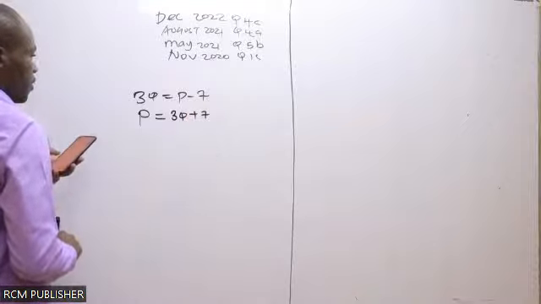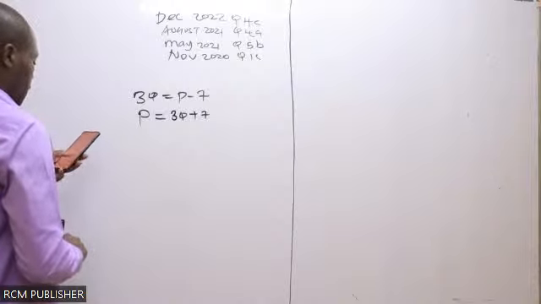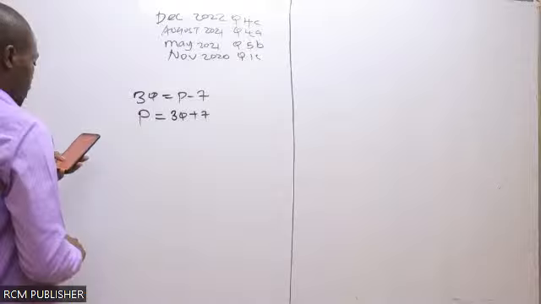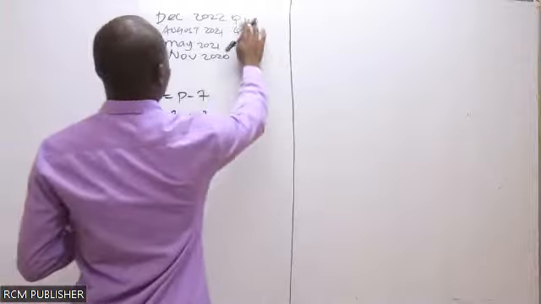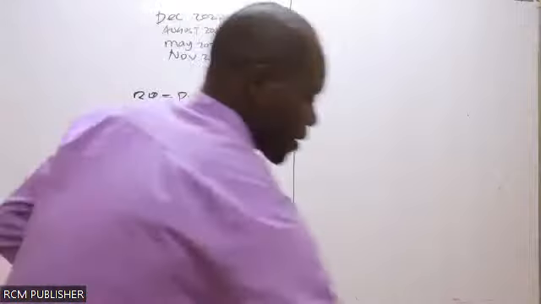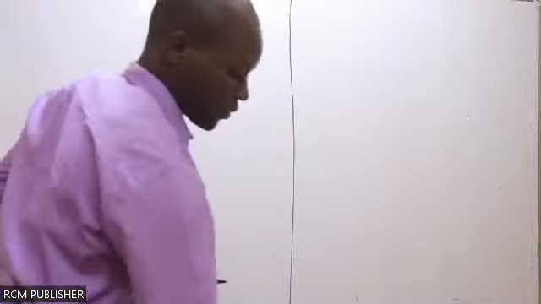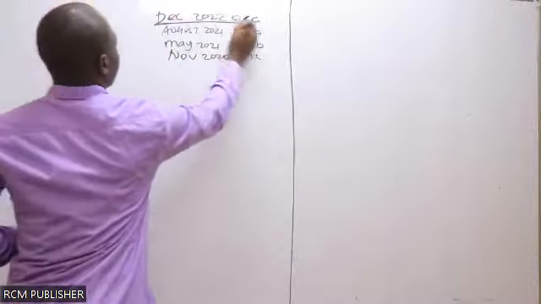We are talking about question 5C. 4C or 5C? 5C. Oh, because this one here I think I covered sometimes back. It is 4C, 5C. So we are looking at this.